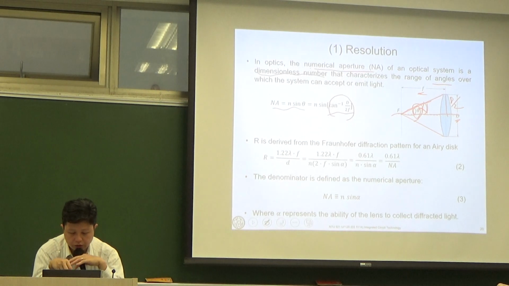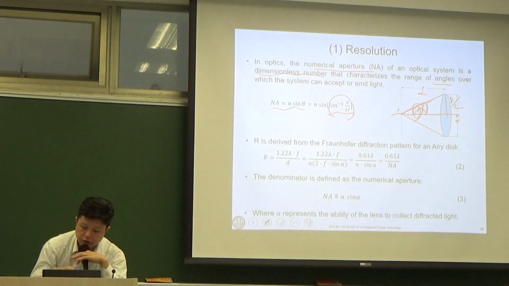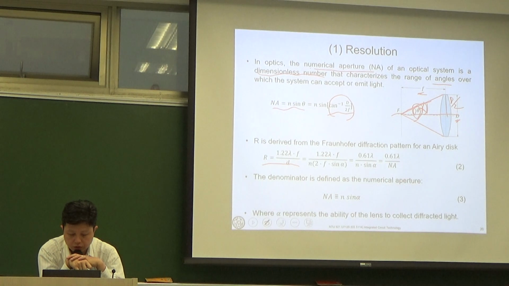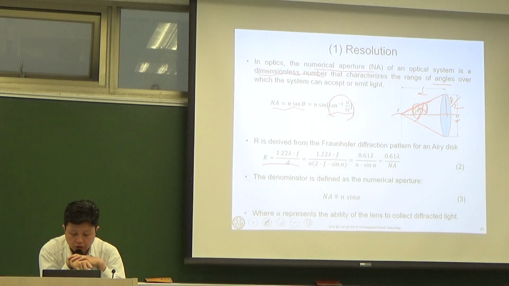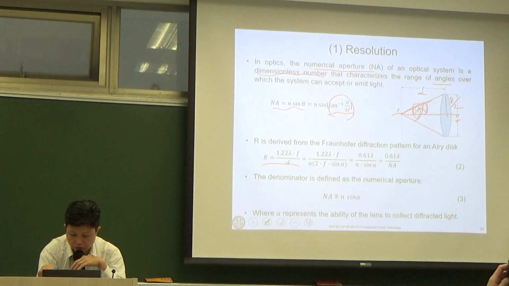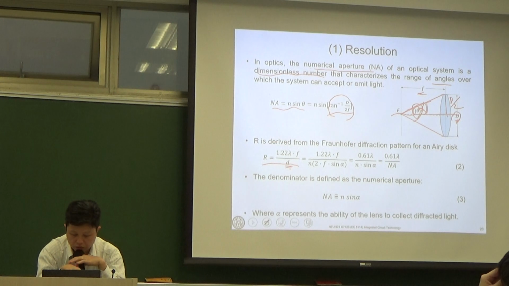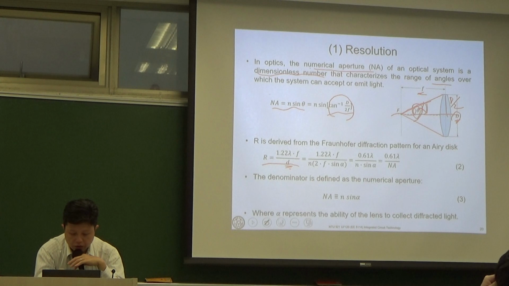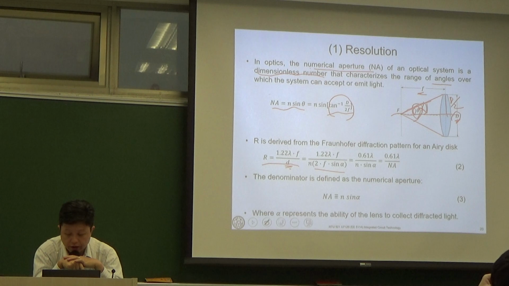Okay, so back to the Airy disc problem. This is the radius from these diffraction patterns that we learned in high school. Now we can plug in this number. This D here is the diameter of your optics, and it equals 2f sine alpha.